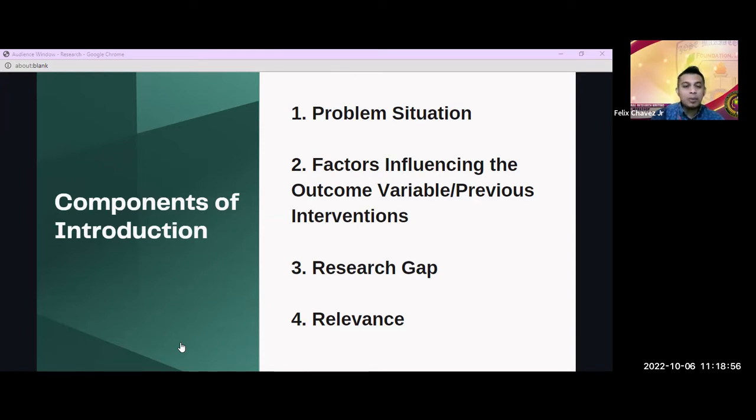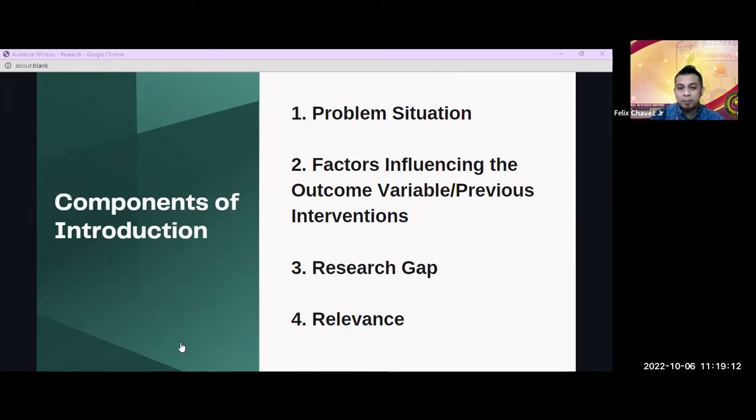So the introduction, as I have mentioned, is a story, but this is not opinion based. Introduction is scientific based. So meaning your introduction is also considered a review of related literature.